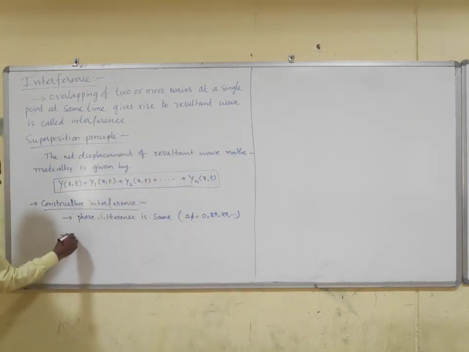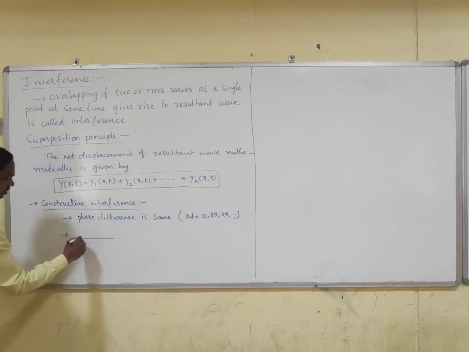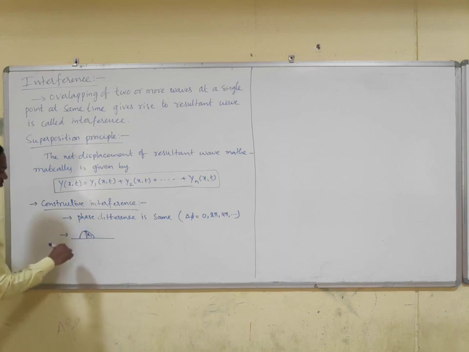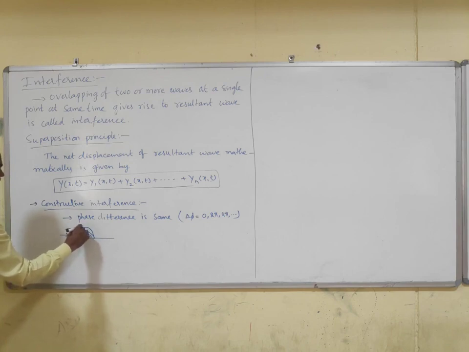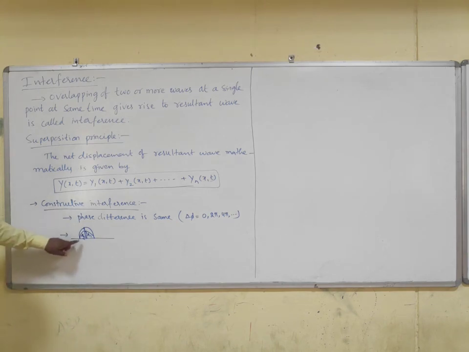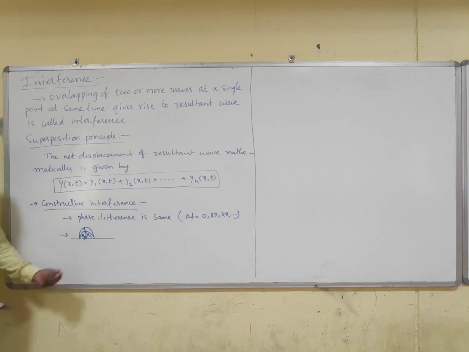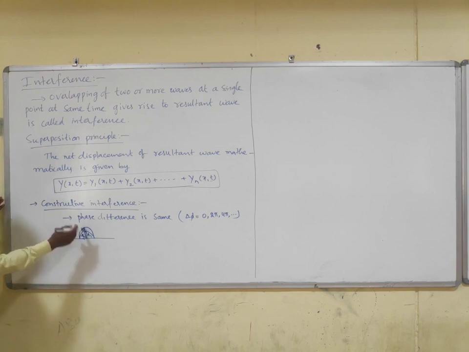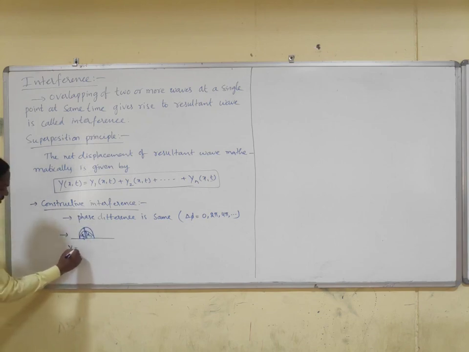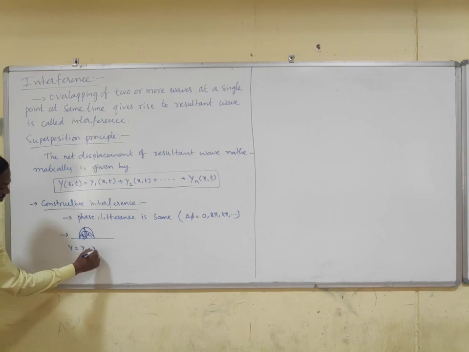If you look at two waves, for example, two waves like this, one wave has amplitude A1 and the next wave has amplitude A2. Then these two are overlapping with phase difference 0. Then the resultant amplitude will become, both are positive. So y is equal to y1 plus y2.